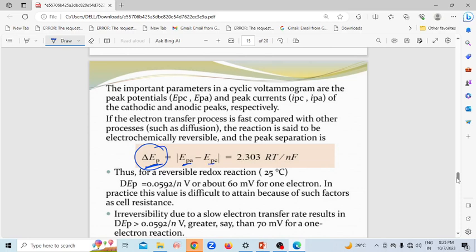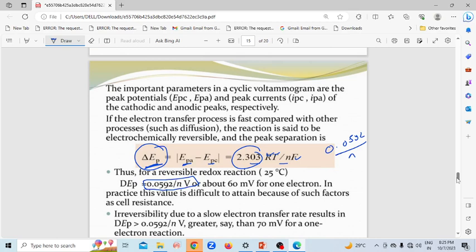The difference between these potentials you can write as this whole thing, or simply we can write 0.0592 divided by n. If you calculate all these things, with RT at 25 degrees centigrade and Faraday 96,500, and put in all these values, you will get this value.